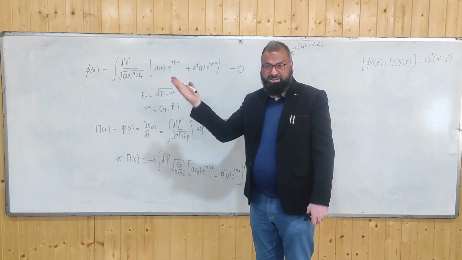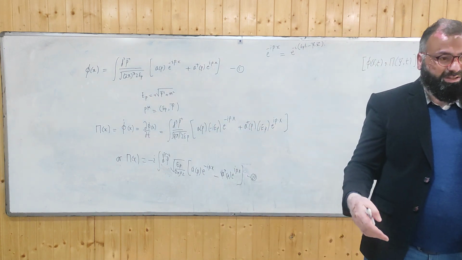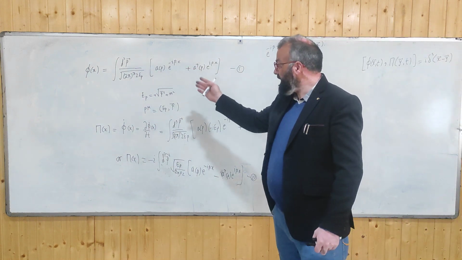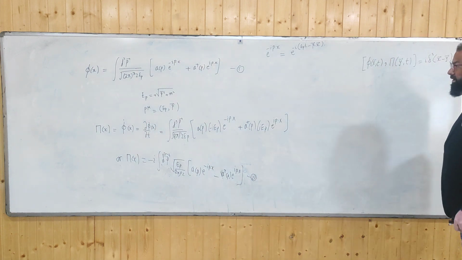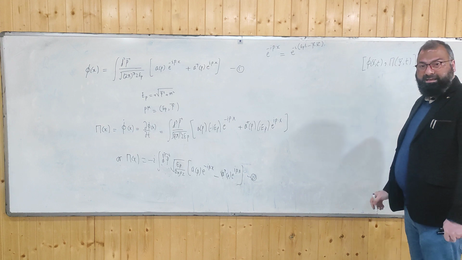It is essentially a sum of some f of k e raised to i k, and I need to get rid of some of it to get a in terms of this phi. Clear? Okay, how to do that? For that matter, I will first derive an identity.